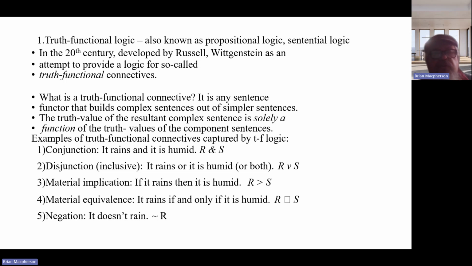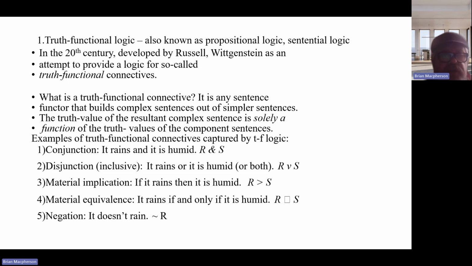So again, just to repeat, a truth functional connective gives you a more complex sentence out of simpler sentences, and the truth value of the complex sentence is completely a function of the truth values of the component sentences. And here are the 5 main examples of truth functional connectives captured by truth functional or propositional logic.